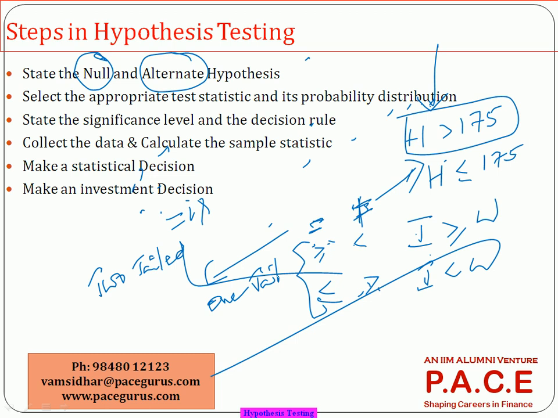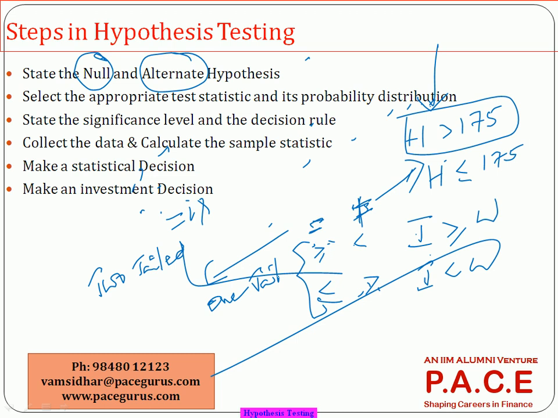If the null is greater than or equal to, my alternate is only one side. Less than is the only thing in my alternate. Similarly here, greater than is the only thing. So there is only one side that I have to test for. Whereas if it is equal to, I may have to test for both less than and greater than.